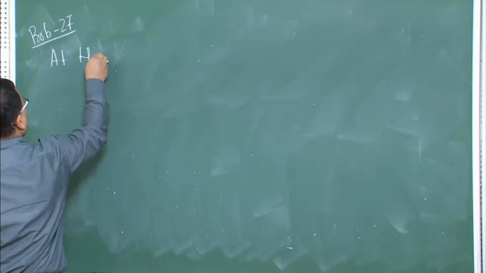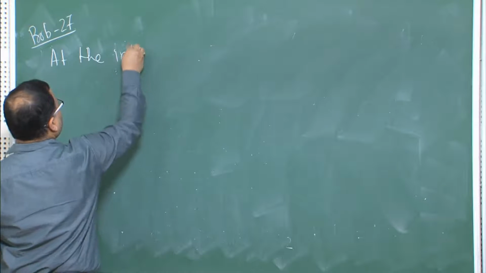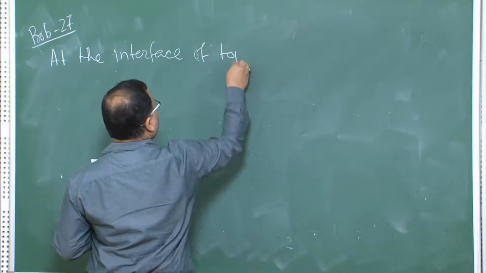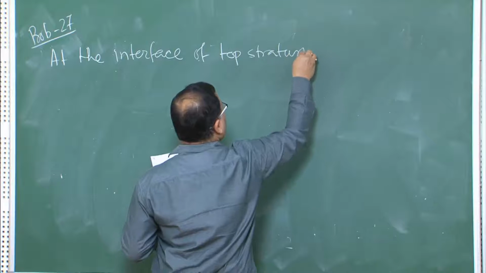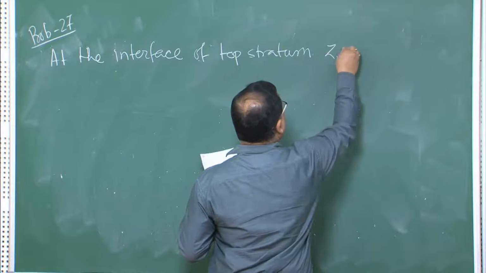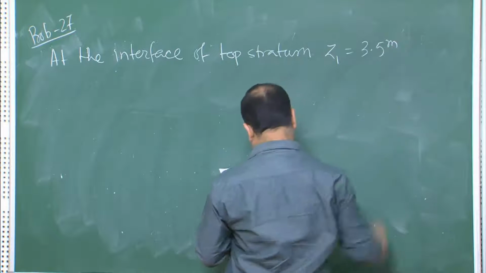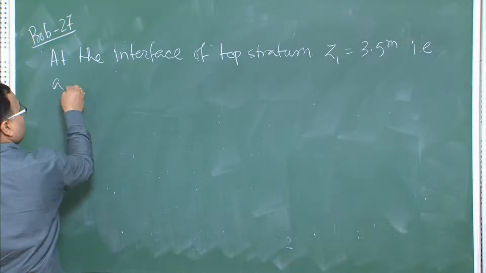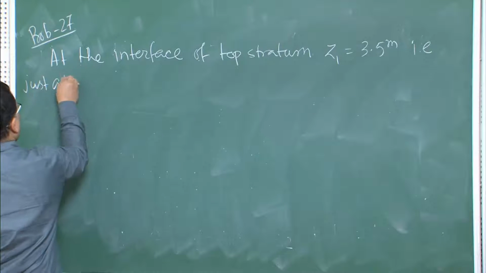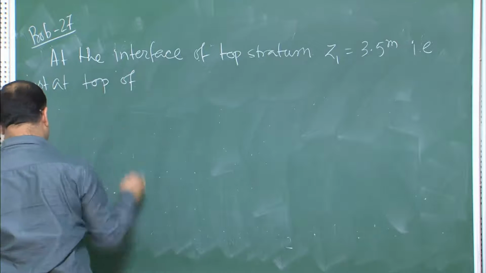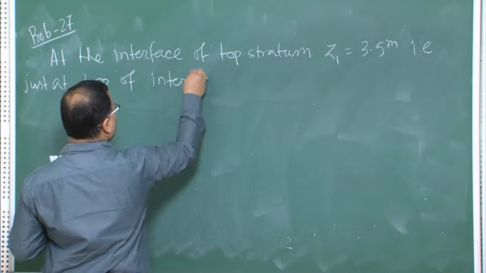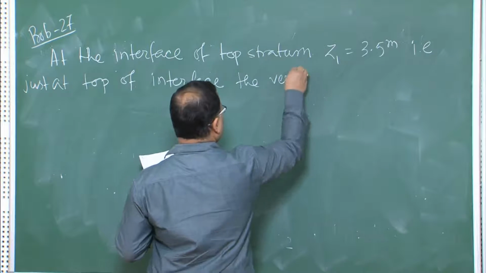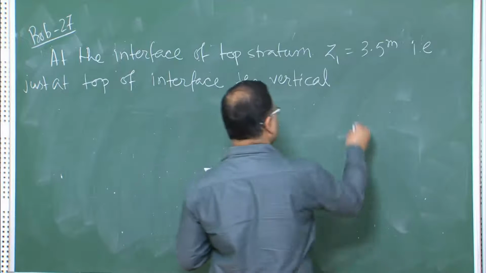Now, at the interface of top stratum, Z1 equal to 3.5 meter, just at top of interface, the vertical stress.